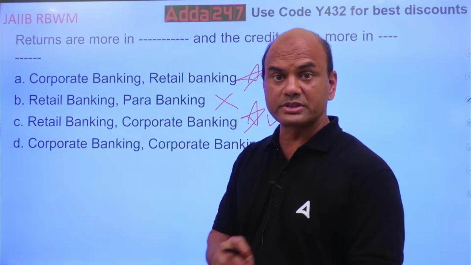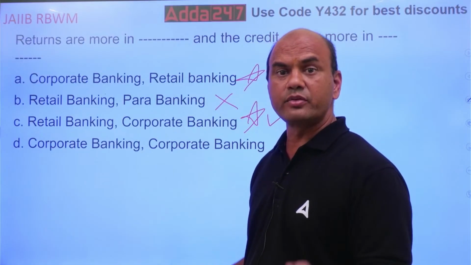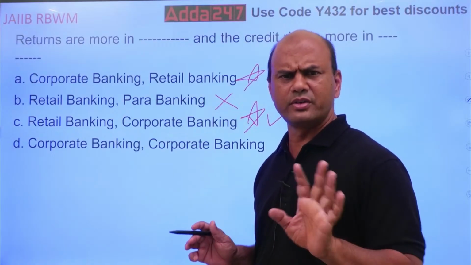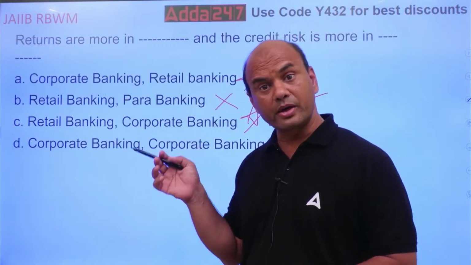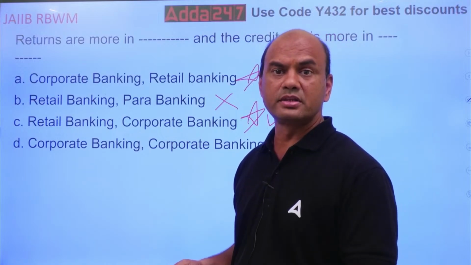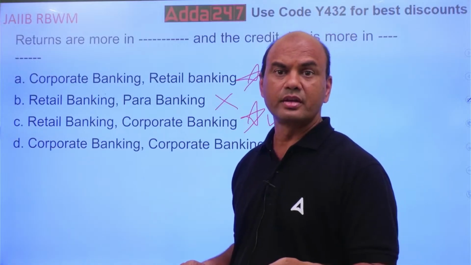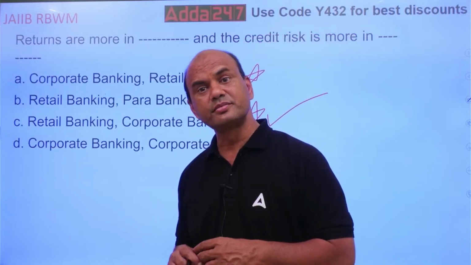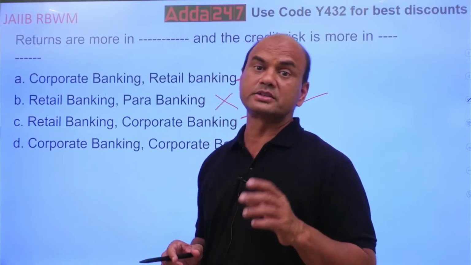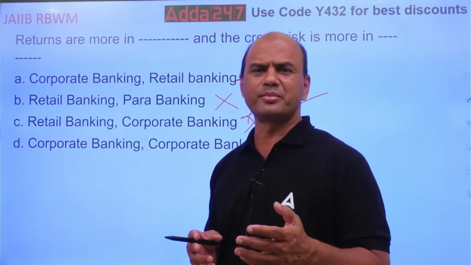RBI has reduced your CRR repo. Why aren't you decreasing the rate of interest of loans? He won't say that. But in corporate, customer will immediately come. Repo decreased. Reduce my loan rate. Immediately customer will come. So that's why customer is less knowledgeable in retail banking, or he doesn't care that much.